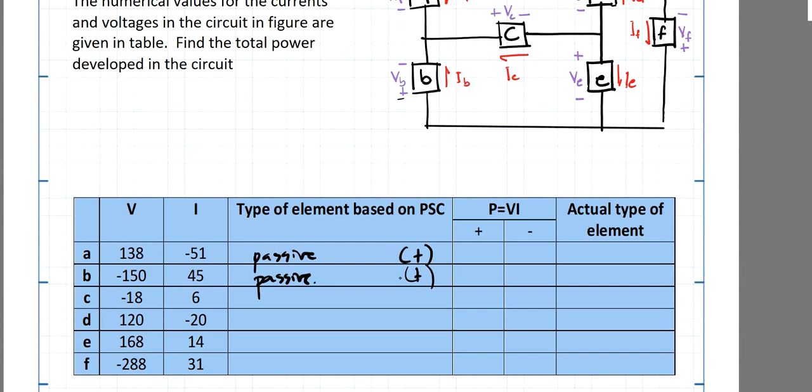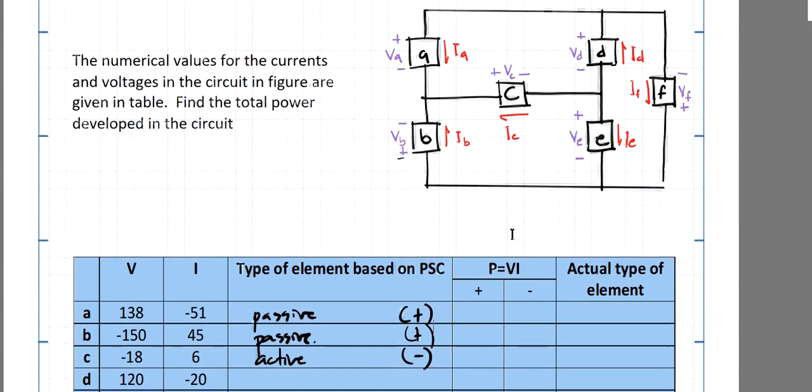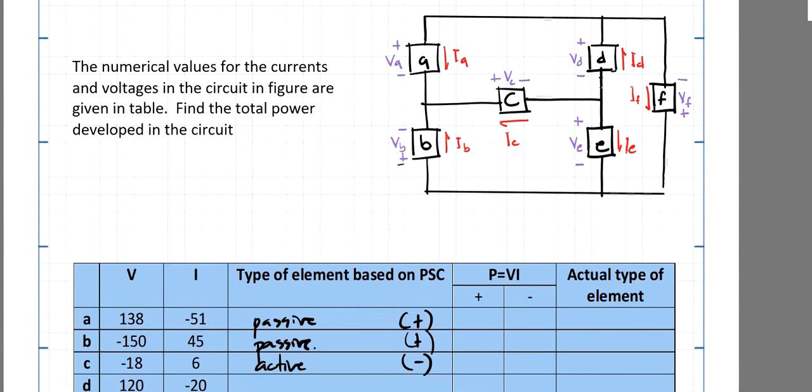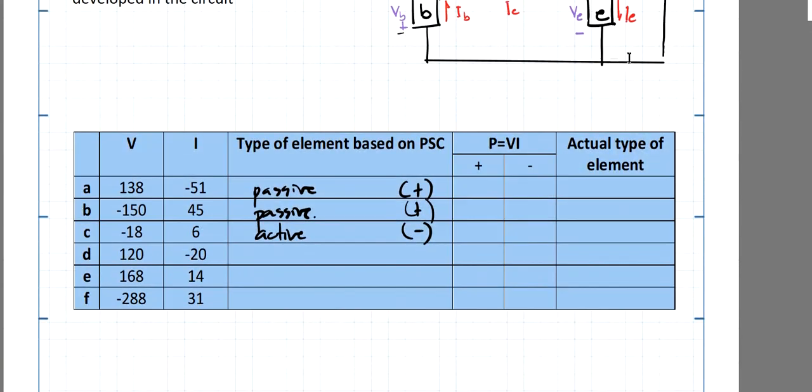And for letter C, it enters on the negative, so this is an active element, this is minus. And for letter D, this current enters the negative terminal, and that's active. So active, and this is negative.